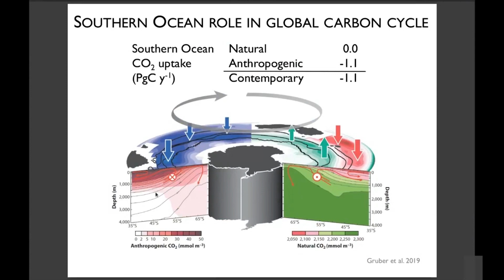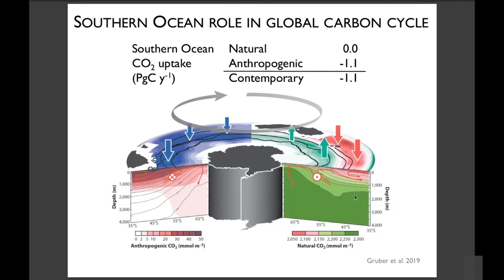We have upwelled water coming up in the ACC, just south of the Antarctic Circumpolar Current, and it has very negligible anthropogenic CO2, so it takes up a lot of CO2 once it reaches the surface there, and that acts as a significant sink of anthropogenic CO2.